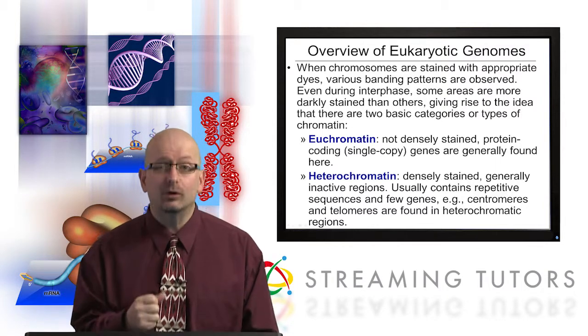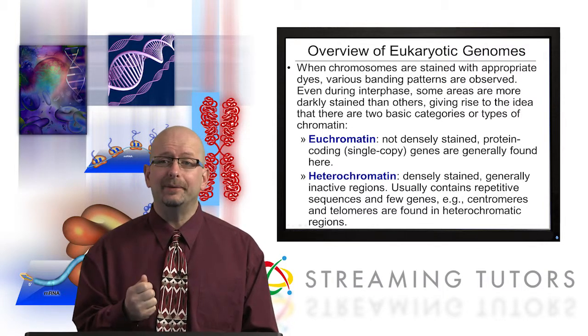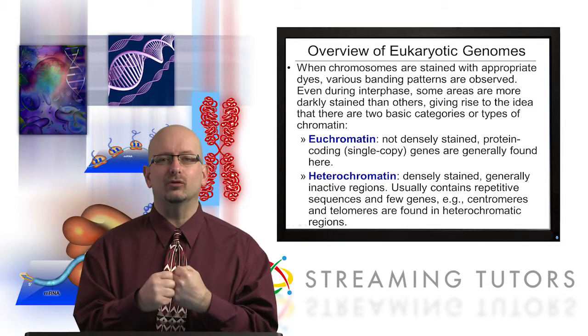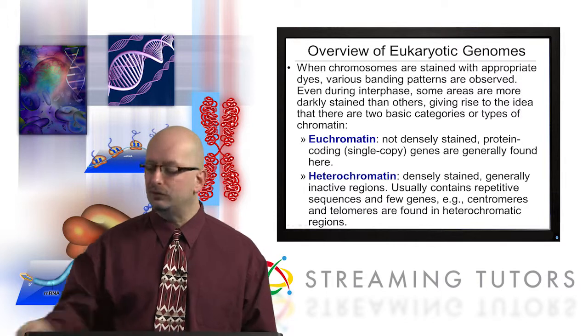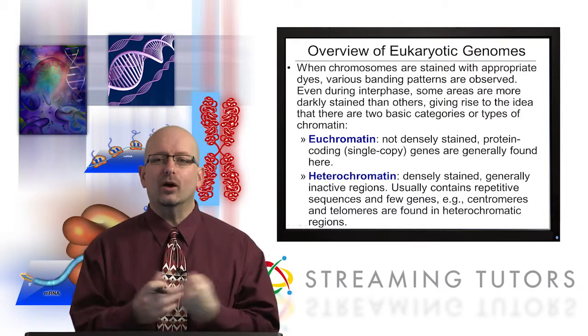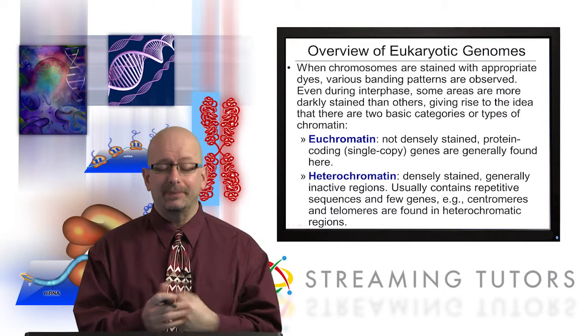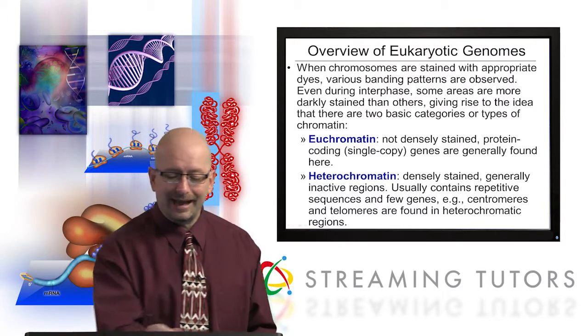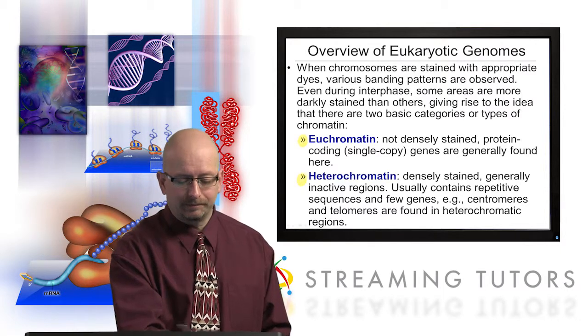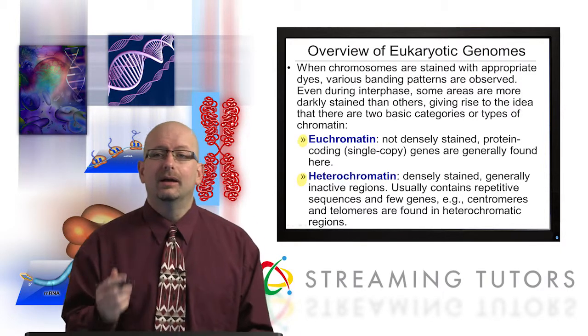But one general interpretation is that a lot of times these pictures are of metaphase chromosomes, but even during interphase, some areas are more darkly stained than others. So the dark staining gives rise to the idea that there are two basic categories or types of chromatin, and they are euchromatin and heterochromatin.